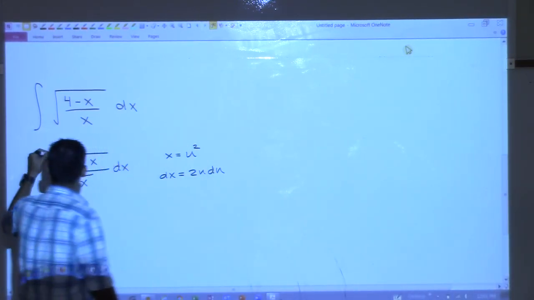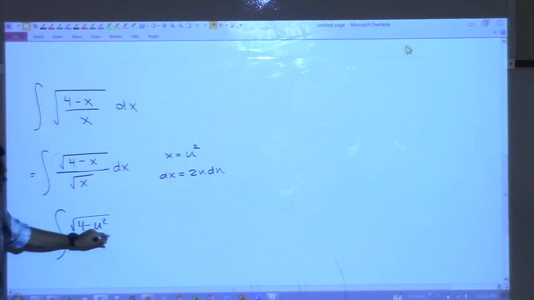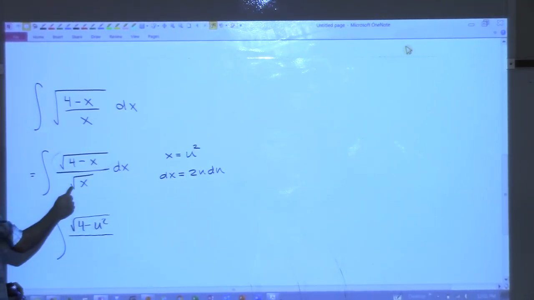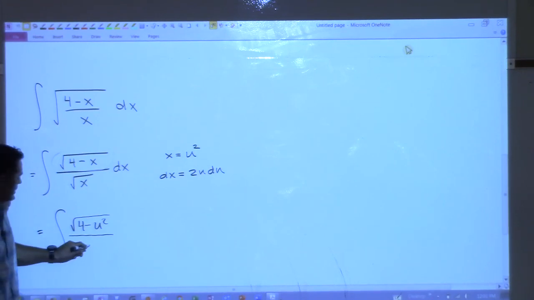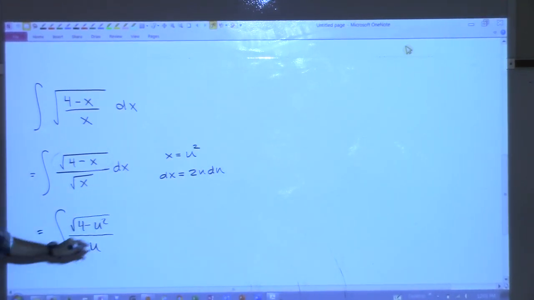Integral. So what does this top piece become? Square root of 4 minus u squared, right? Over the square root of x, but that means the square root of u squared, which means it's just going to be u. And then what does dx become? 2u du.